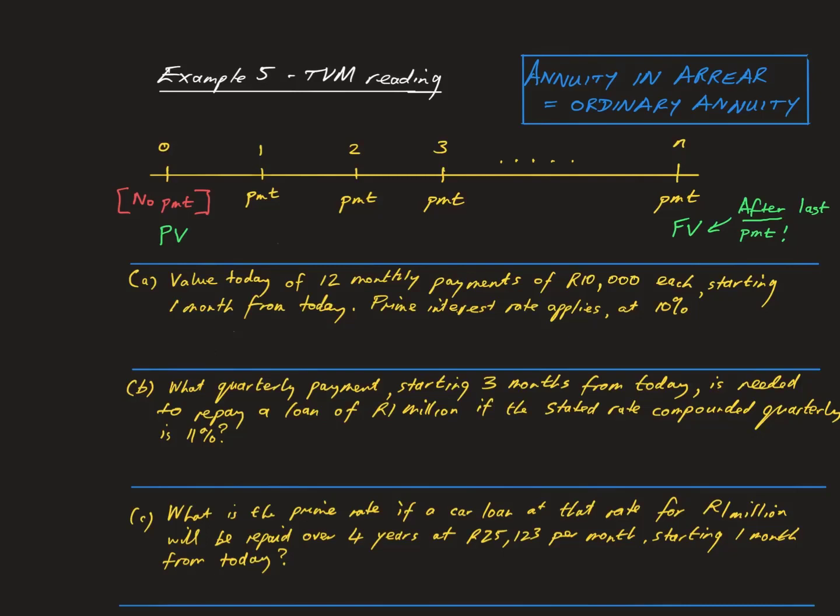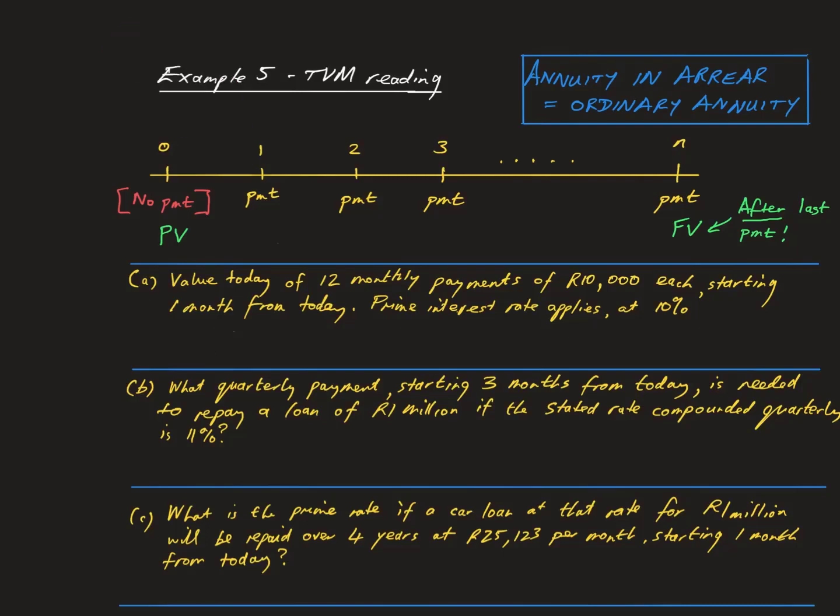And because it is an ordinary annuity, which is the formal term for an annuity in so-called arrears, one of the key characteristics of that particular cash flow pattern is that there is no cash flow today, time zero, and the first one happens one period away from today.